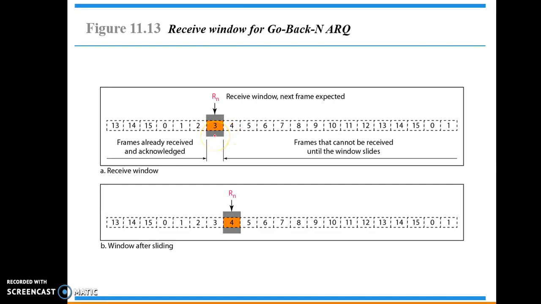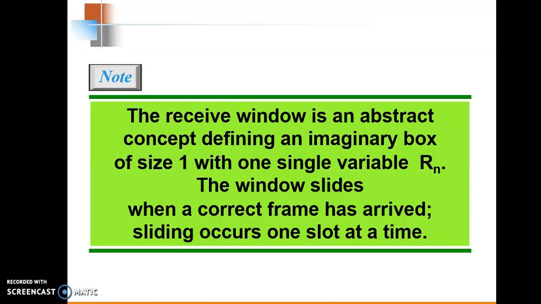Once it receives 3, it moves to 4. So the window moves one position only on the receiver side, whereas on the sender side, the window moves by as many frames as you have sent and received acknowledgement for. That is the difference between the receiver window and the sending window.